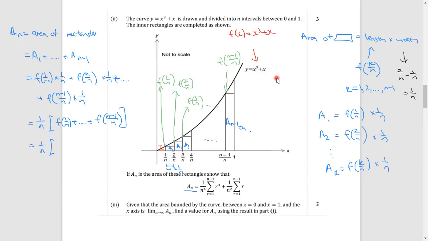So we're really saying this is 1 over n all cubed plus 1 over n. And then we're going to add 2 over n all cubed plus 2 over n, plus 3 over n all cubed plus 3 over n, plus dot dot dot. It will keep going until your last rectangle, which is n minus 1 over n all cubed plus n minus 1 over n.